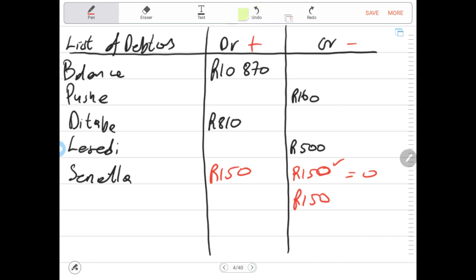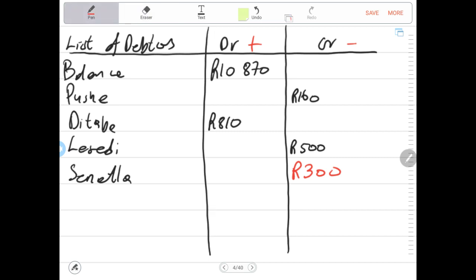Now remember, we are not recording the 150 again, it was already recorded. What we need to record is 150 rand times 2 on the credit side. I prefer the approach of just recording one amount and saying 300, but you can also do the same and say 150 and another 150. That is a very long way.